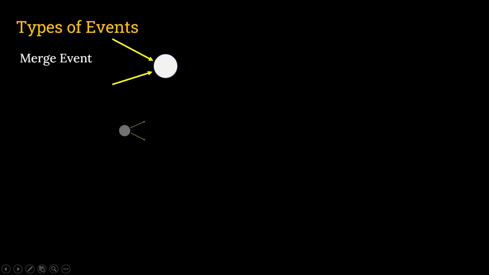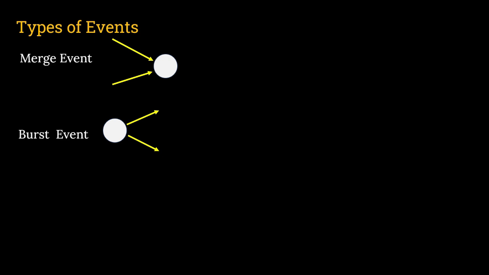Now let us discuss the types of events. When there is one node of this kind where two activities are getting finished, this is known as a merge event. This is a merge event. In this case, where two activities are generating from one node, this is known as a burst event.